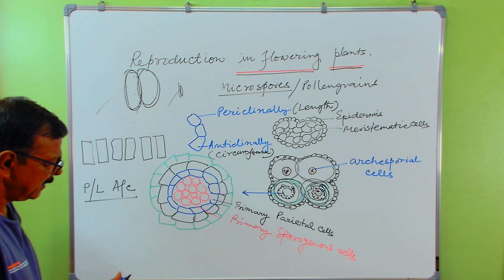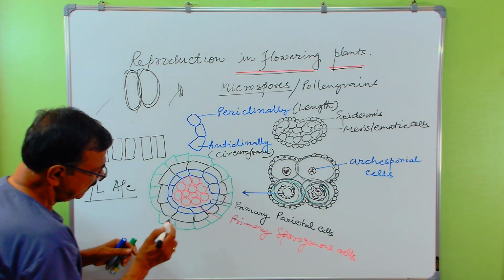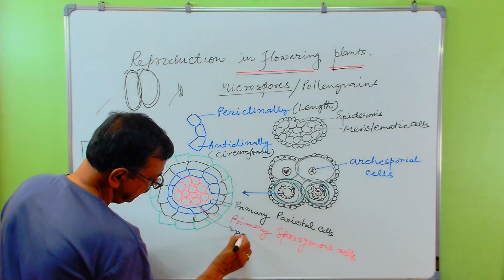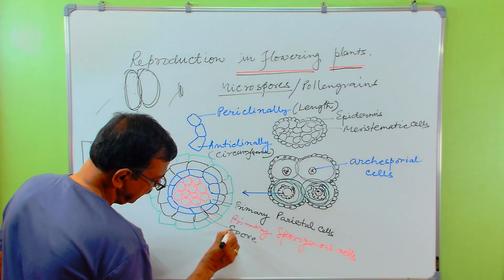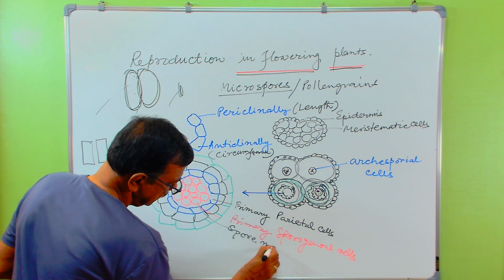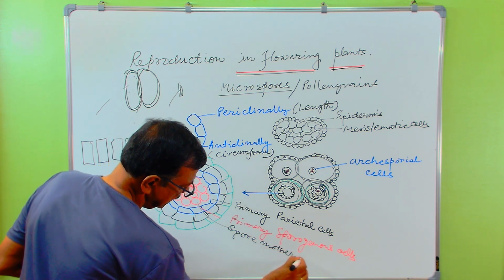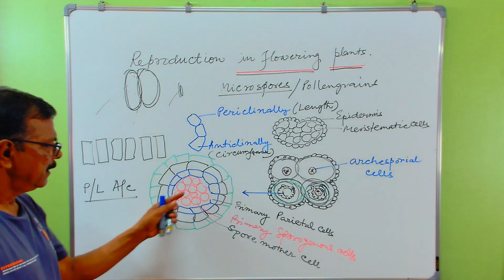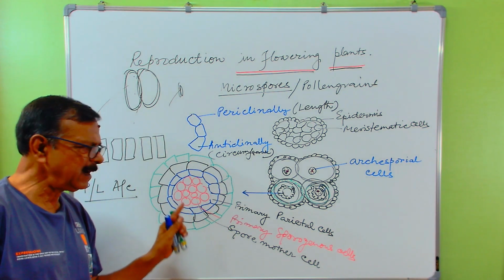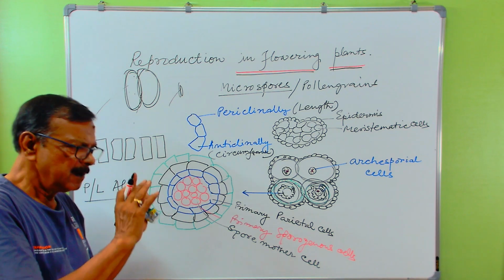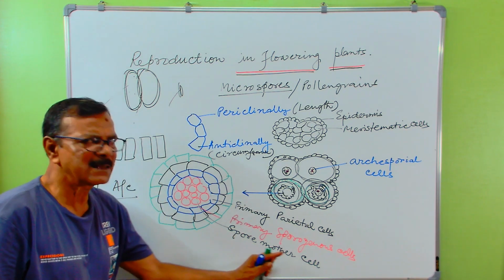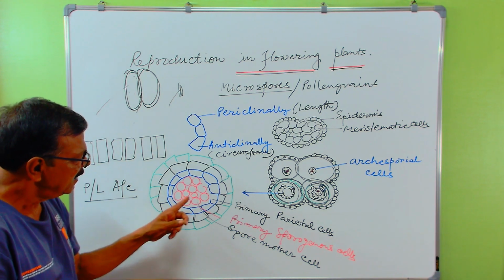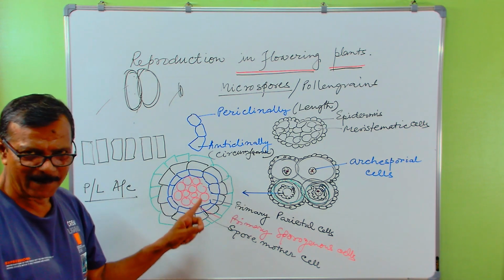They can act as a spore mother cell, or they can divide and re-divide to form numerous spore mother cells. So this is the microspores actually.